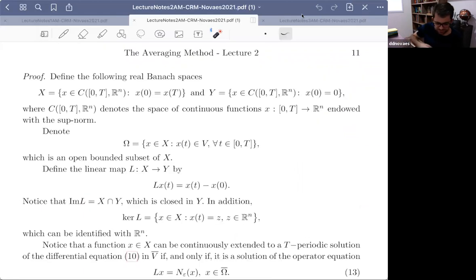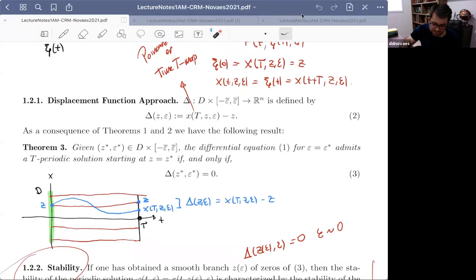One could ask me, why did we not follow the same approach that we had before, for instance in the continuous Lipschitz case. Recall that the approach in the Lipschitz case involves expanding the displacement map around epsilon equal to 0. And in order to define the displacement map, we need to define the time T map.